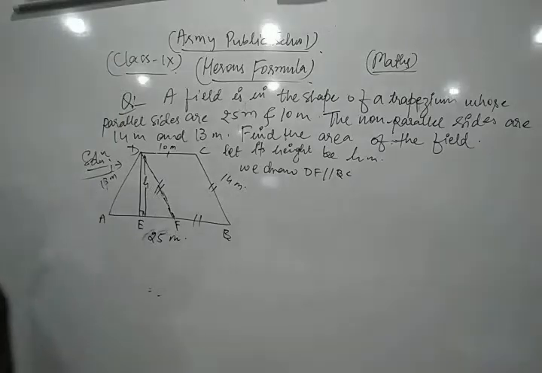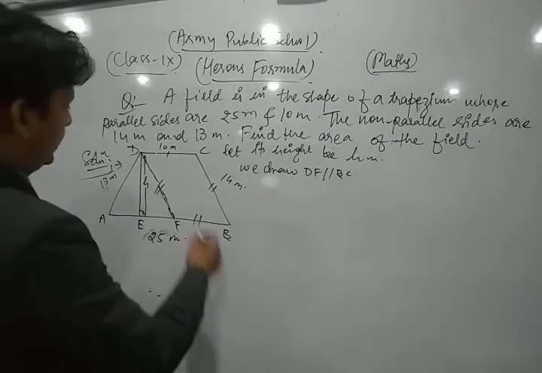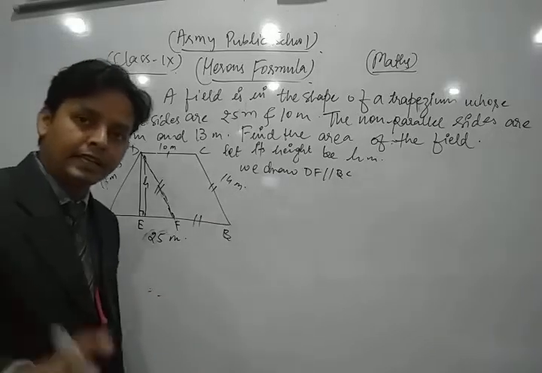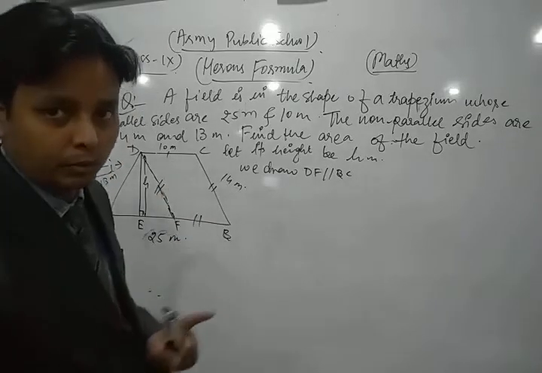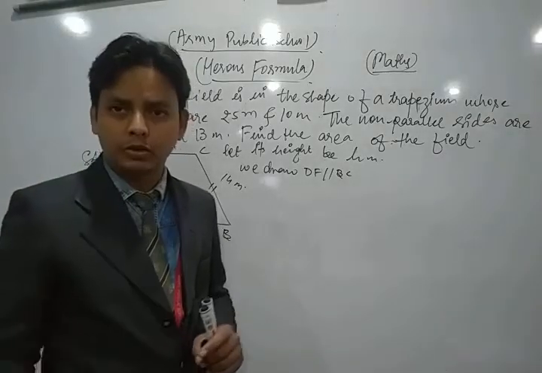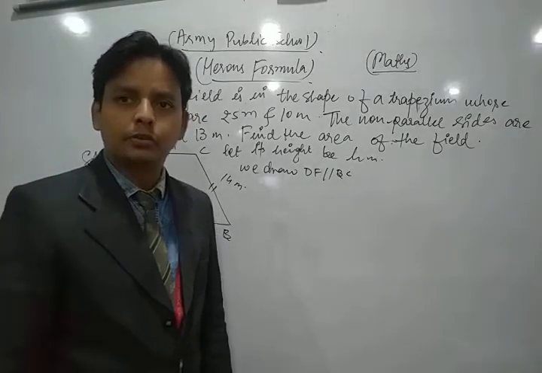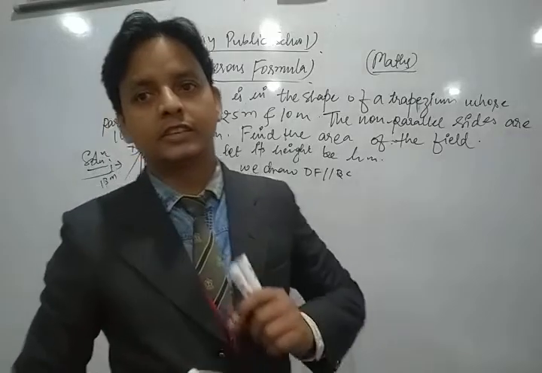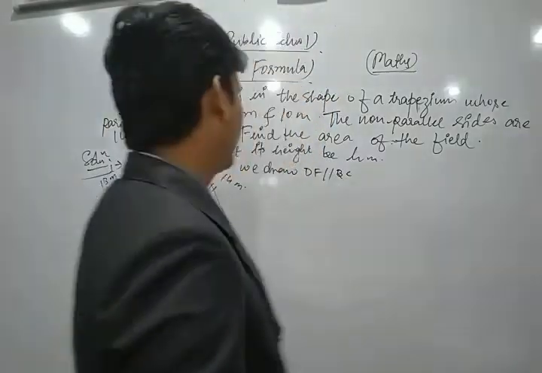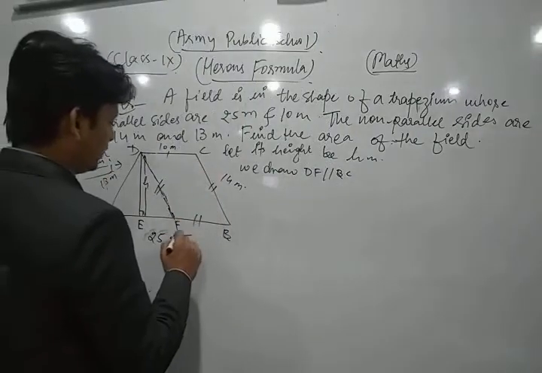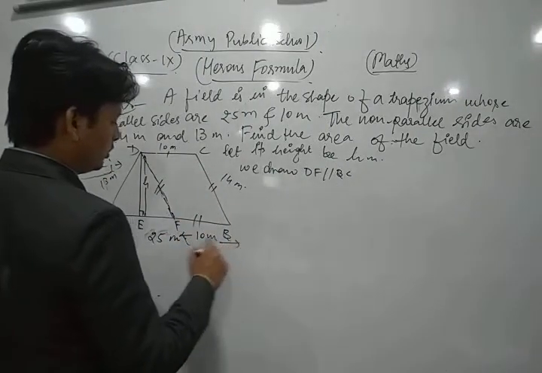Now look, you know that if in any quadrilateral each pair of opposite sides is parallel, then it is a parallelogram, and by the property of a parallelogram, opposite sides are parallel as well as equal. So here CD is 10, so BF is also equal to 10 meter.